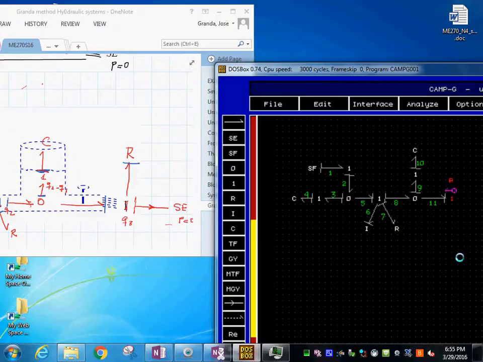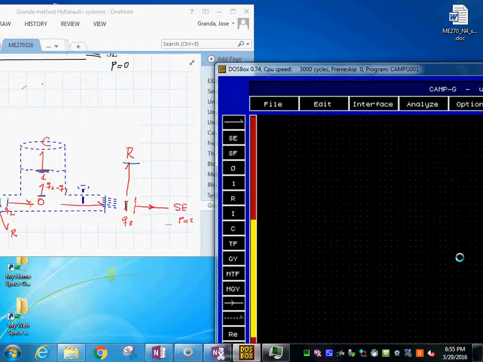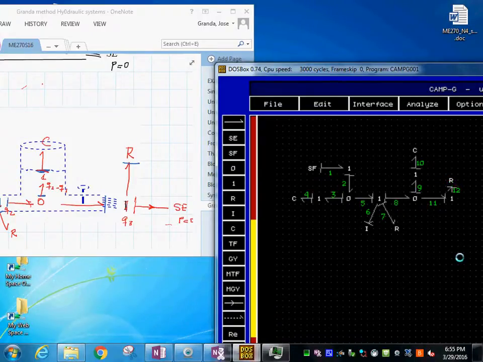CamG has a bond that you can use, SE. You see it in here, this activated one that goes from here to here.